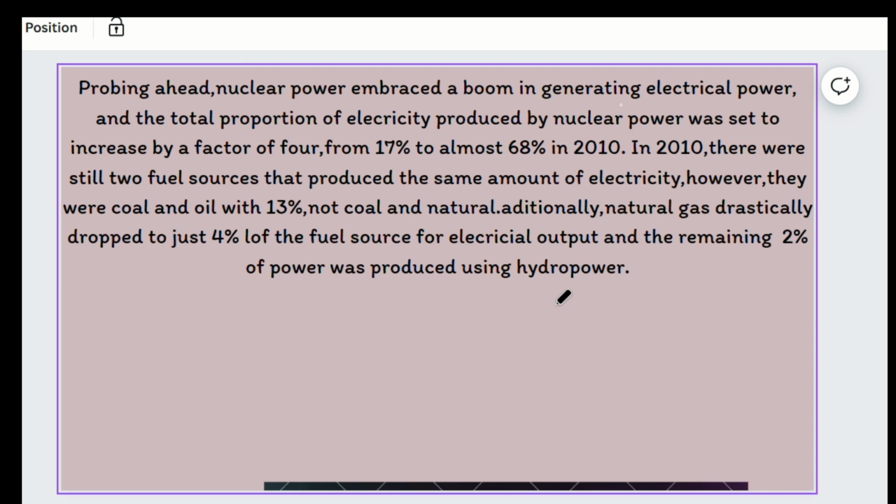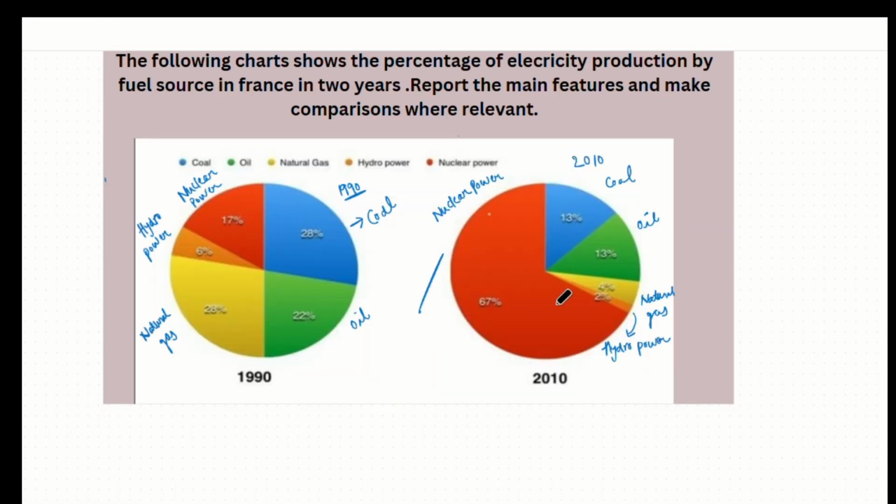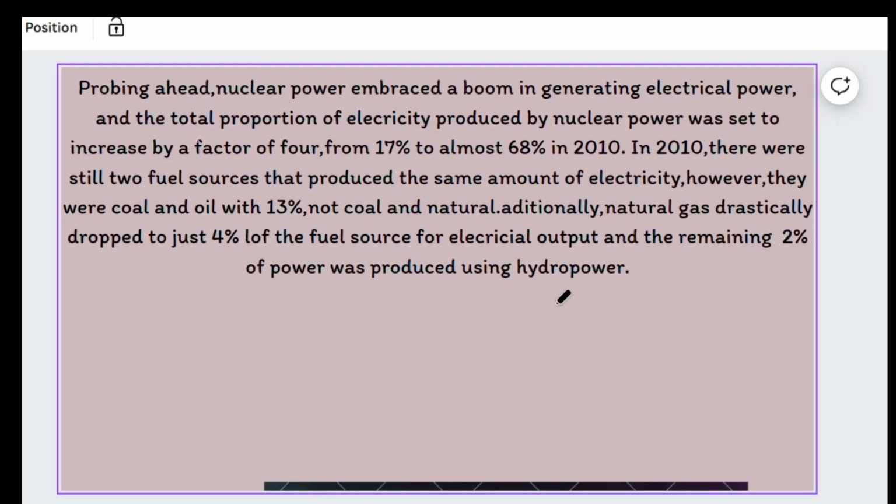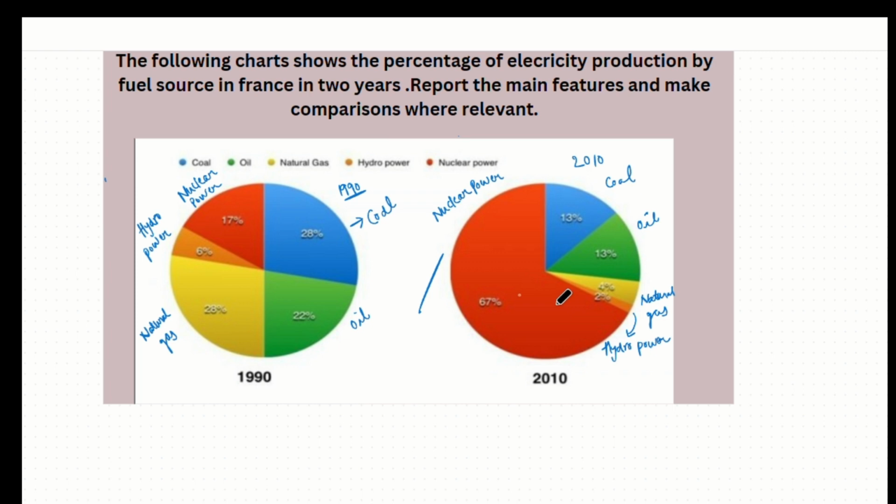Obviously, nuclear power stood at 67%, and the total proportion of electricity produced by nuclear power was set to increase by a factor of 4, means the total percentage is near about 70%, or you can say it is a factor of 4.